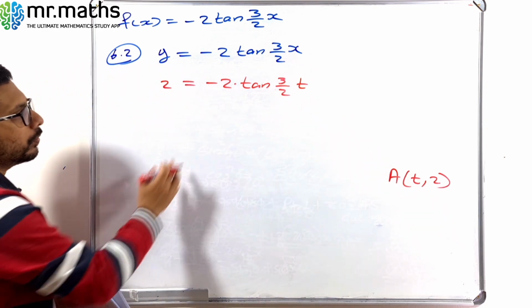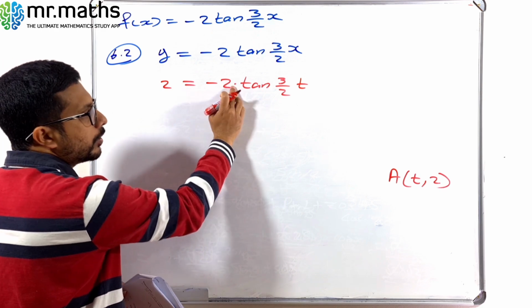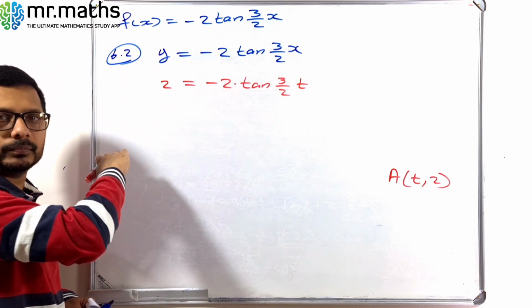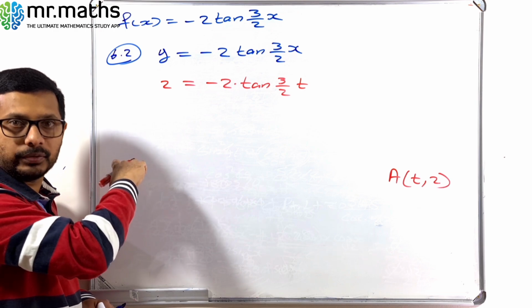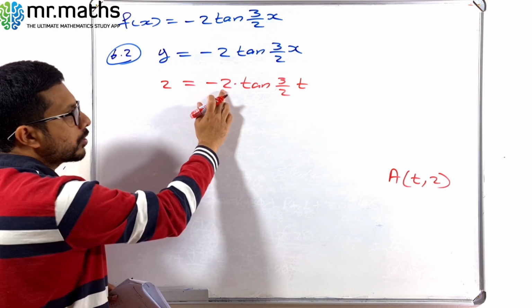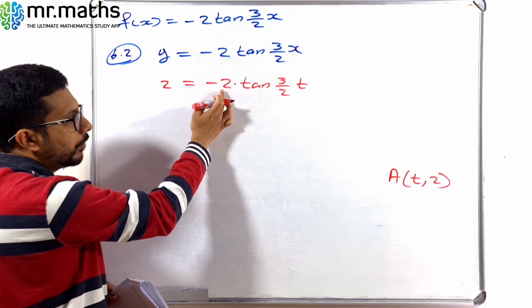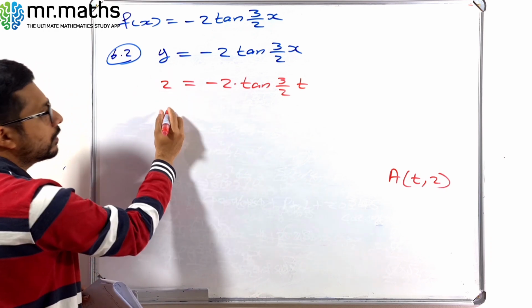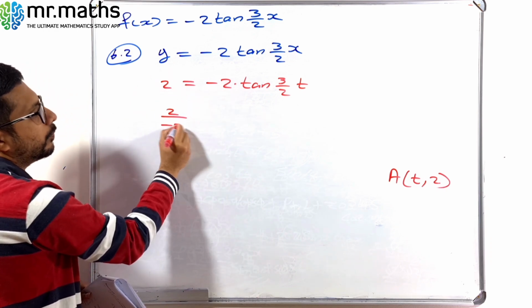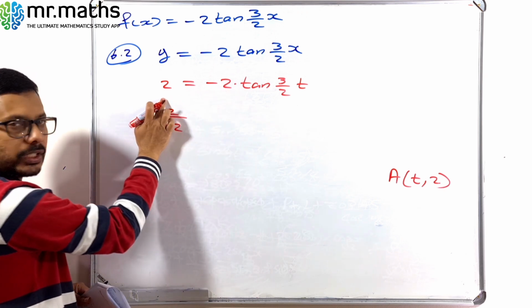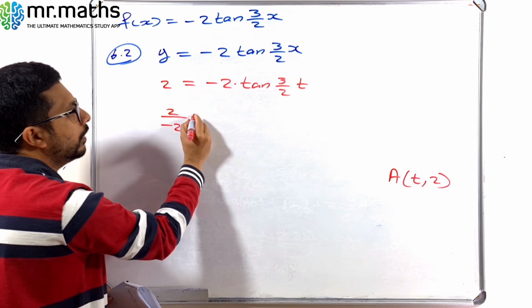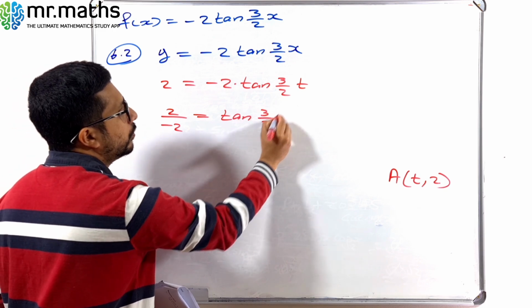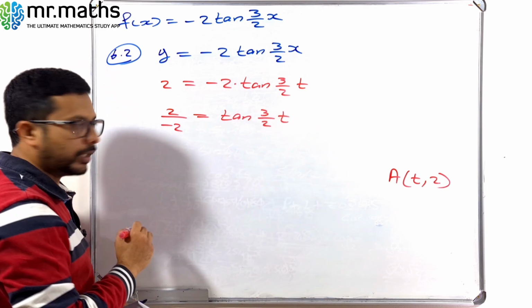Okay, so now this minus 2 is multiplication here. If I want to take this minus 2 to this side, it is going to be division. Am I right? So it is 2 divided by minus 2, is equal to tan of 3 over 2 t.